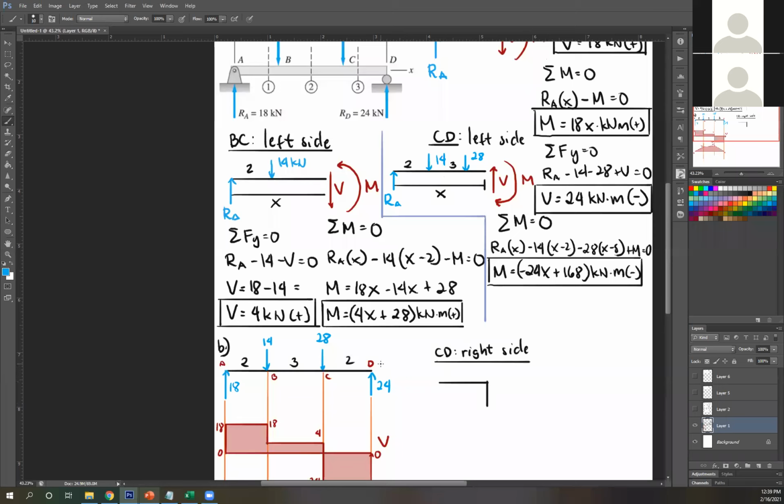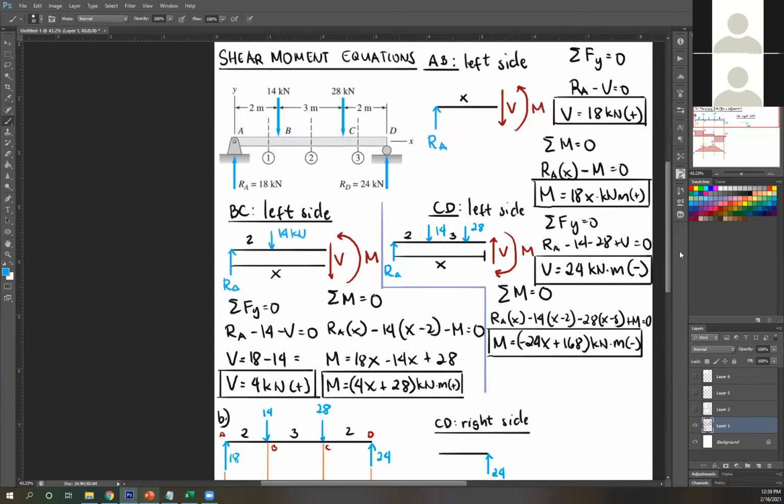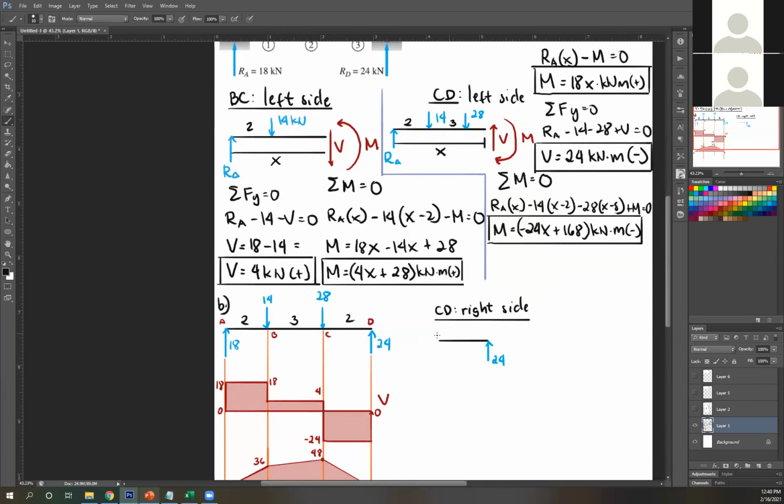You get an applied external force of 24 or RD. And there's nothing else. Okay? And then, to make this in equilibrium, I'm going to guess that my shear force is downward. And then, your 24 will create counterclockwise moment. So to counter that, I need a clockwise moment here. Okay? And then this distance is x.